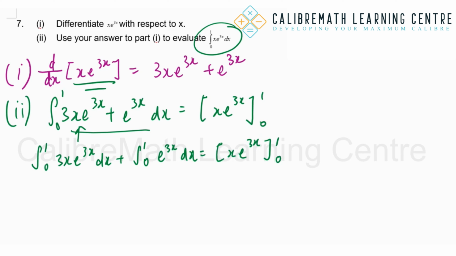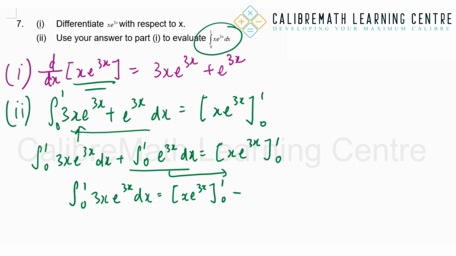Okay, so what I'm going to do is shift this over so that this can become the subject. Okay, this part is just the normal substitution, and then this one, same thing.